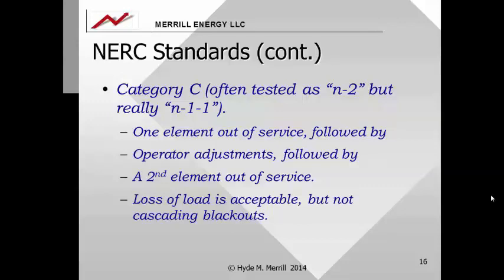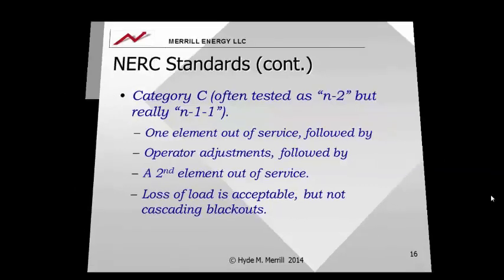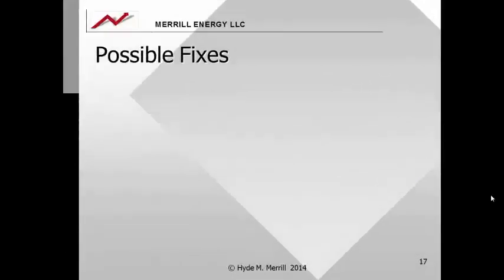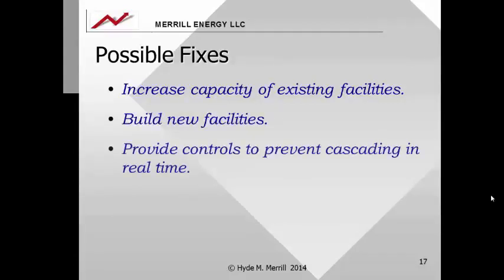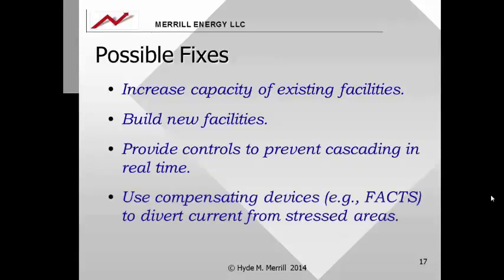Well, what does a planner do if he discovers that 5 years from now he'll have a violation in, say, Category B? Well, he examines possible fixes. How does he choose among these possible fixes?